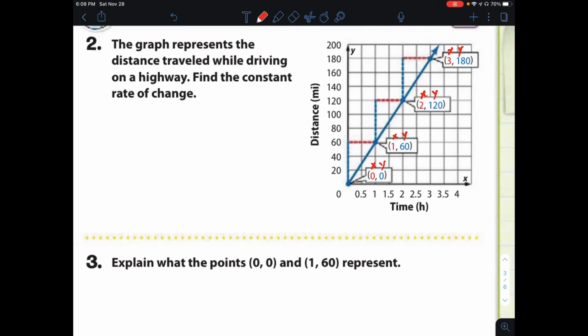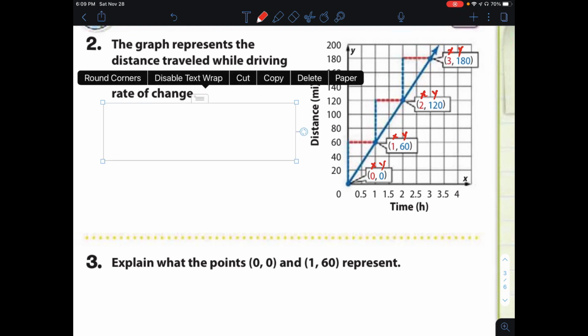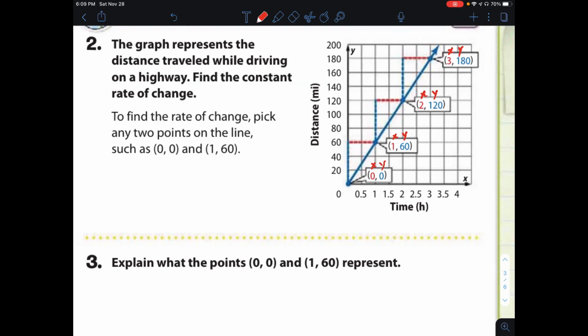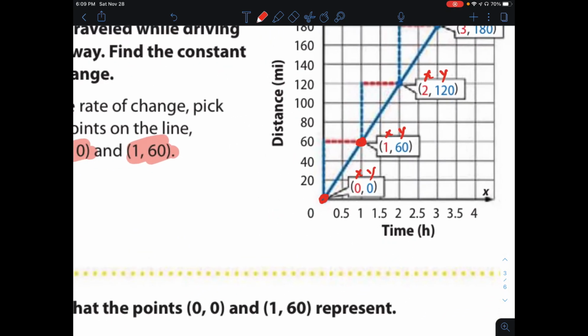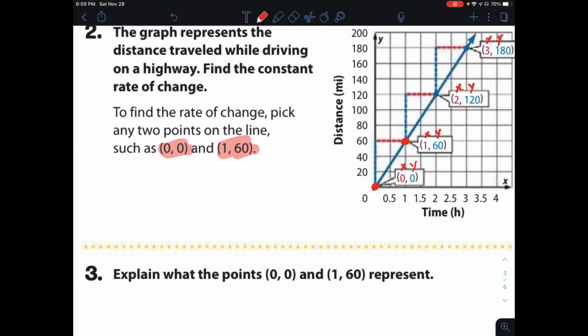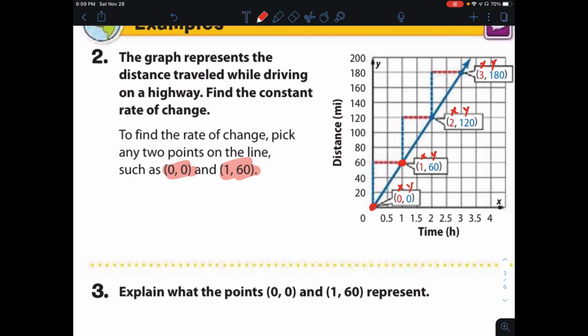To be able to find the rate of change, we need to pick 2 points on the line. In this example, the 2 points that were picked were 0, 0 and 1, 60. So these are the 2 points that were picked, this point right here and this point right there. Now we need to find the change in y.